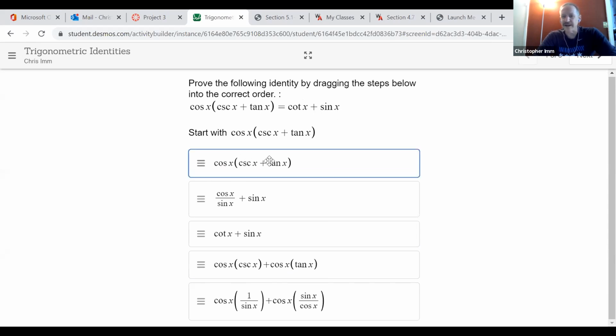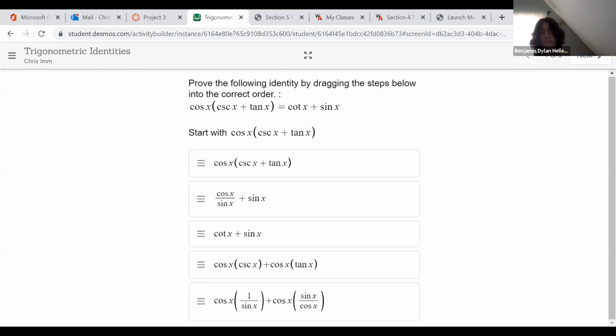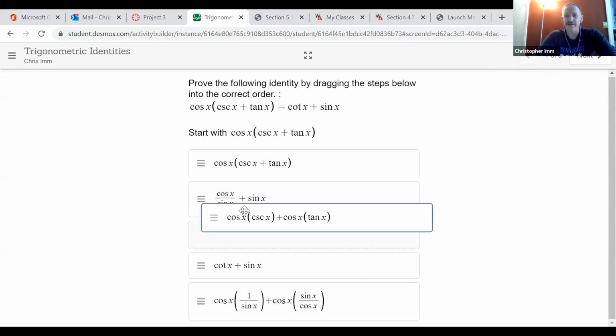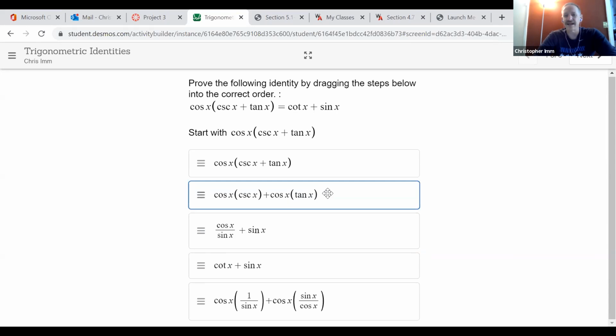What would you do algebraically, probably in your next step, to work your way down? Distribute, exactly. We notice that the right-hand side has 2 terms. I have 1 term on the left-hand side, so I'm going to distribute that cosine through to cosecant and tangent.